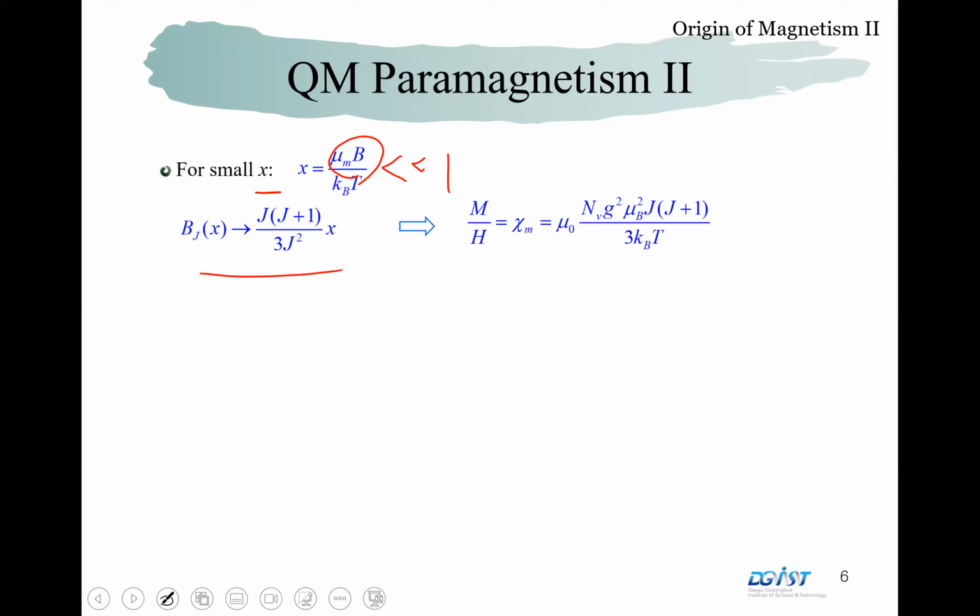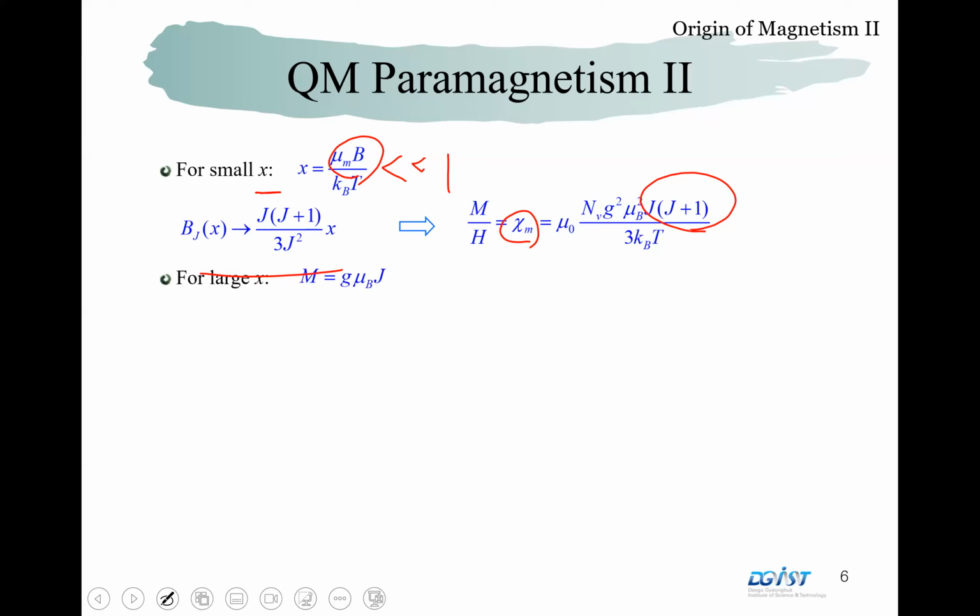With this, we can calculate the susceptibility, and this susceptibility is quite similar to the classical one. The only difference is this J plus 1, which came from quantum mechanics.